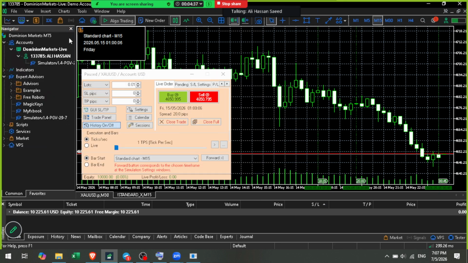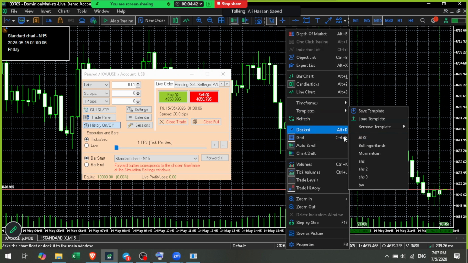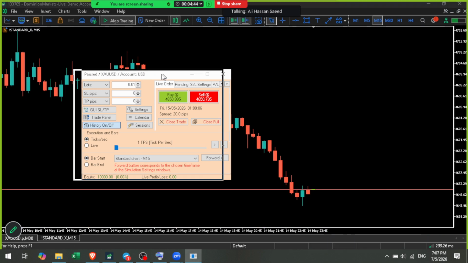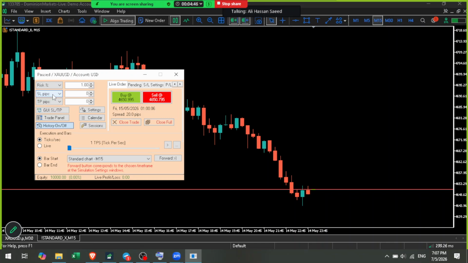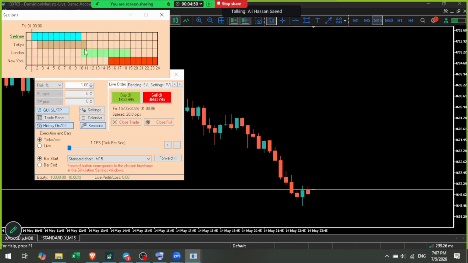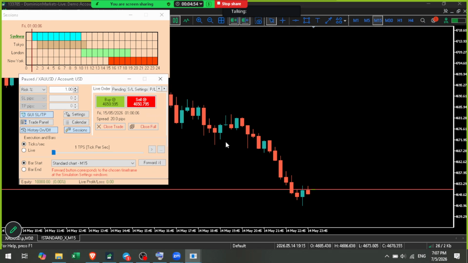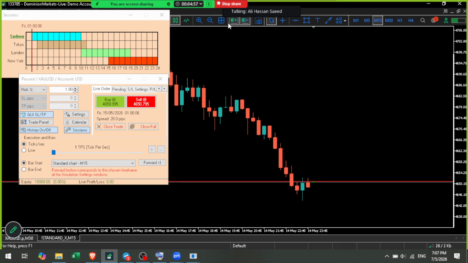Let's remove these to get more room. Template, there goes risk percentage and this and session. Let's cross check the sessions, and where are we at?